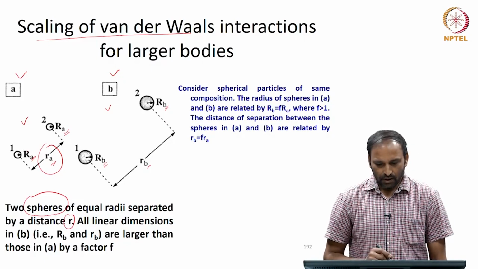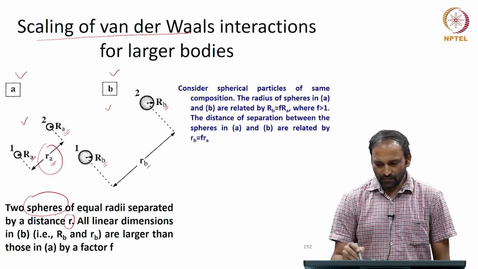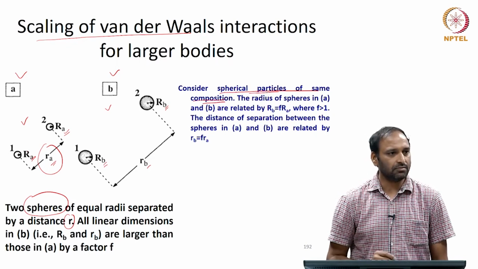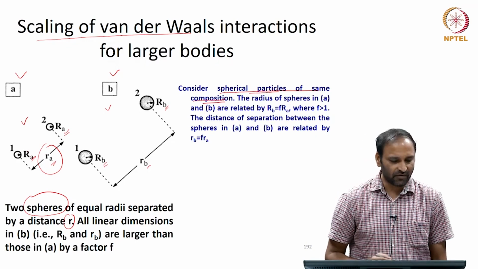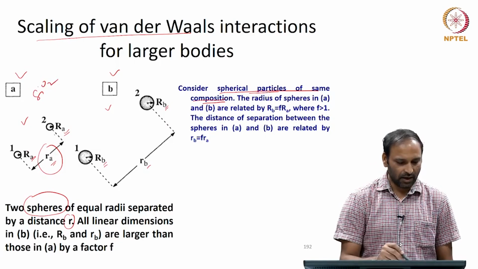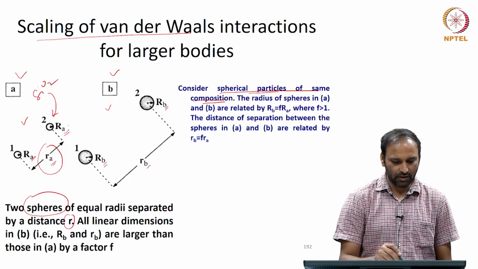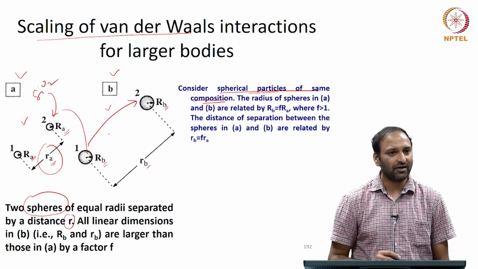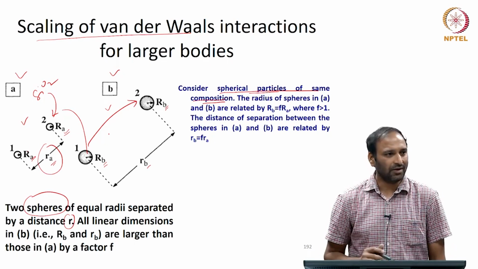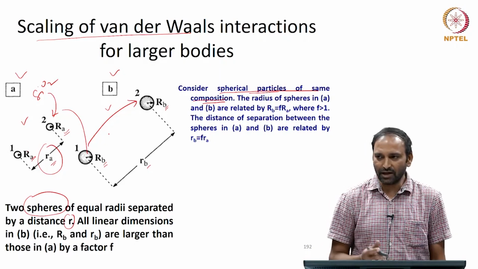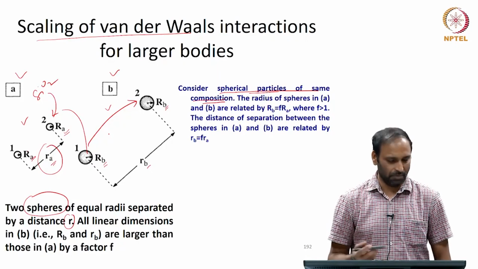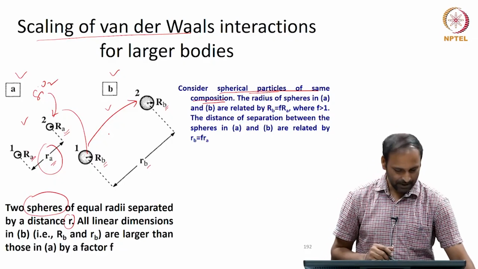We will assume that the spherical particles are of the same composition. That means, if in case A I have taken silica particles, the other particle will also be a silica particle, and similarly all the particles will have the same composition. That is done just to keep things simple. You can do a similar exercise for cases where the composition need not be the same, but for simplicity we have done that.